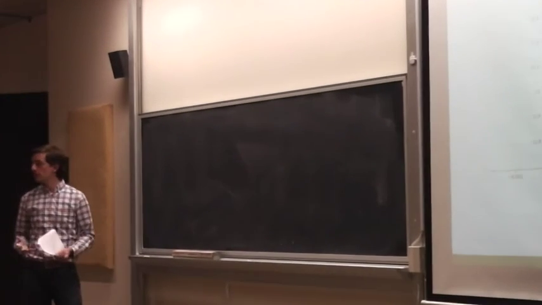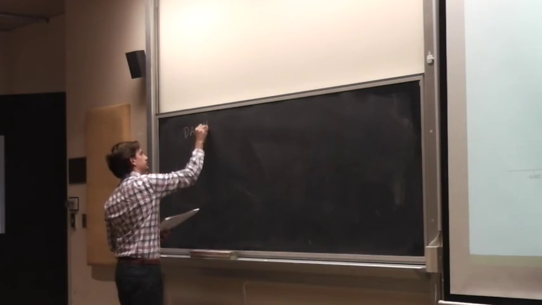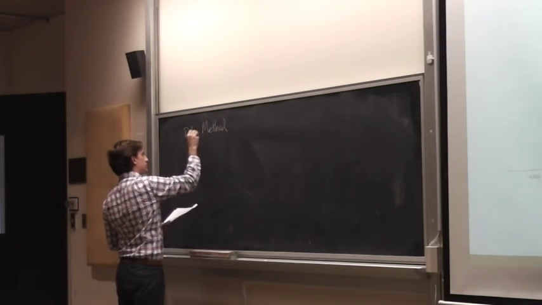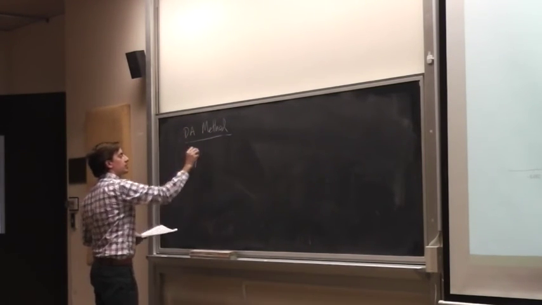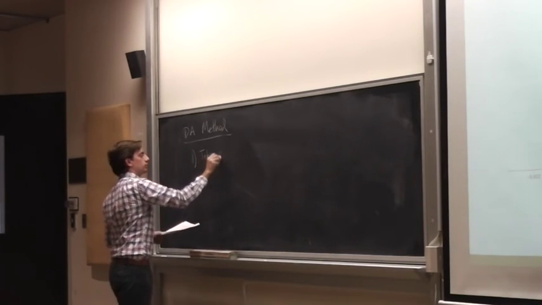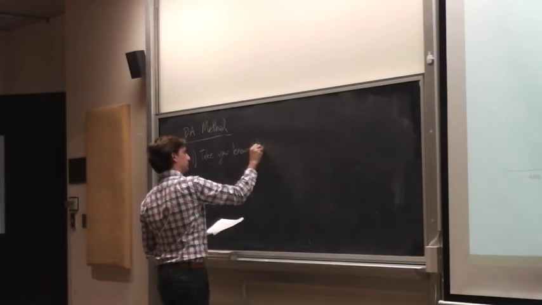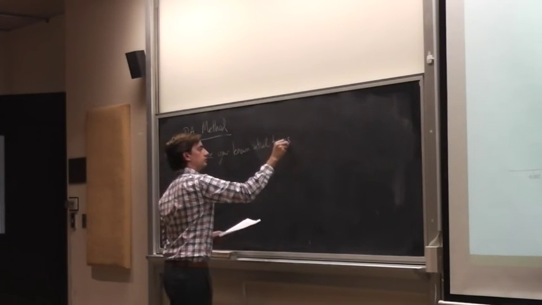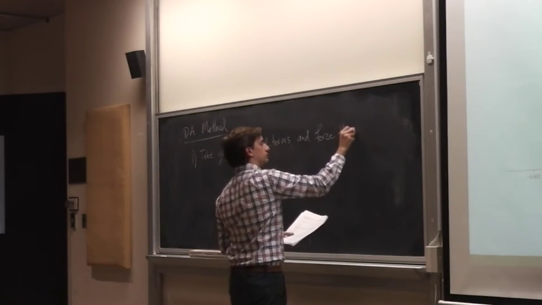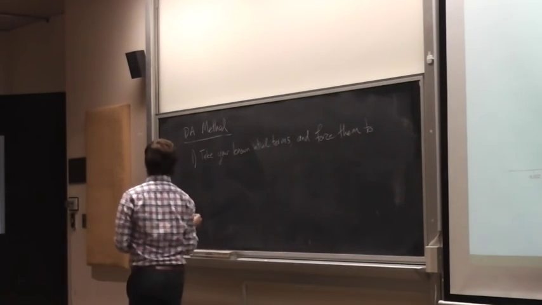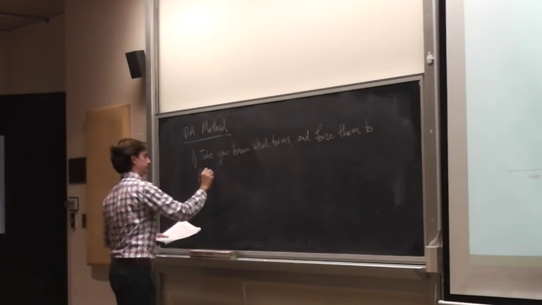And now I'm going to tell you how the method of differential approximants works. So I'll write DA method for sure. Here's the general outline. I'll go over the steps in a little more detail afterwards. The first step is to take your known initial terms and you force them to fit to a d-finite generating function.